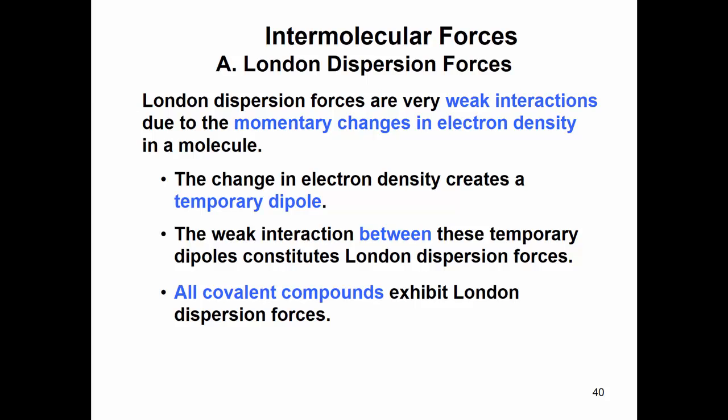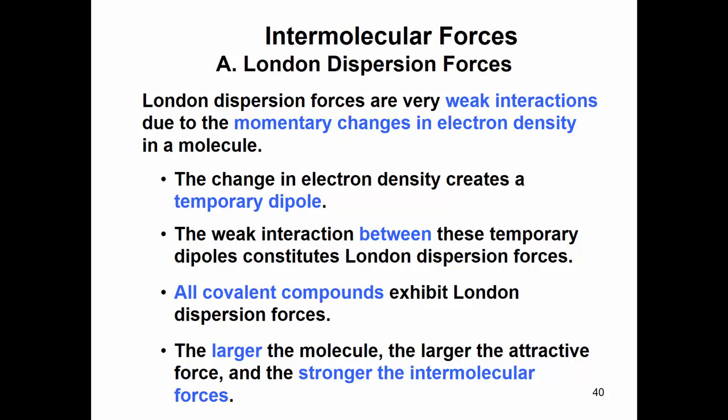So you have a partial positive and a partial negative portion. All of our covalent compounds exhibit these, and this is what holds them together in solution or whatnot. But remember, our covalent compounds are compounds that are bonded and share electrons, typically nonmetals bonded to nonmetals.